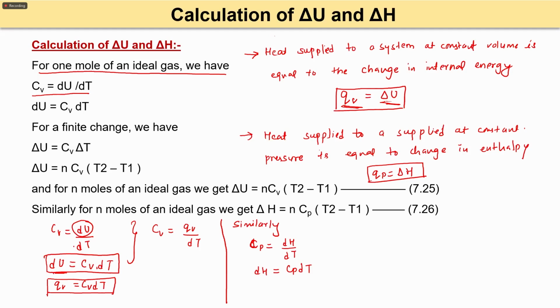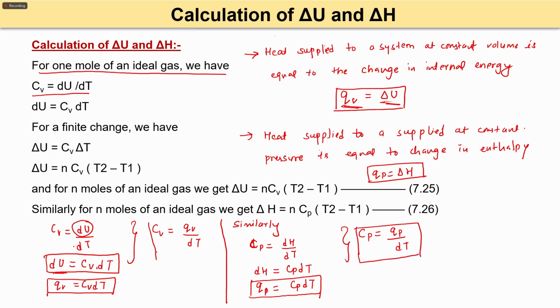Here dH is equal to Qp. Then Qp, at constant pressure, will become Cp into dT. Also, if we replace this dH with Qp, then we get Cp equal to Qp by dT. Okay, so these are the expressions. This will help us in solving problems.